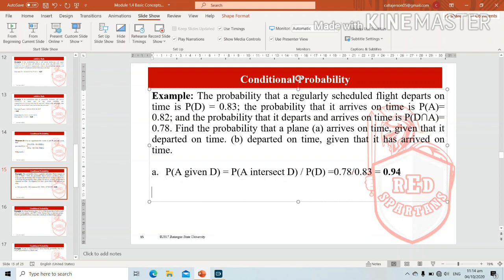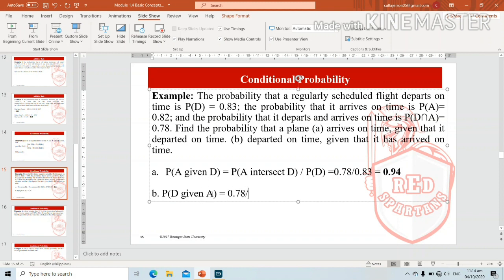Then, letter B. Find the probability that a plane departed on time given that it has arrived on time. So, probability ng D given A. Same pa rin ang ating numerator, yung intersection, yung 0.78.